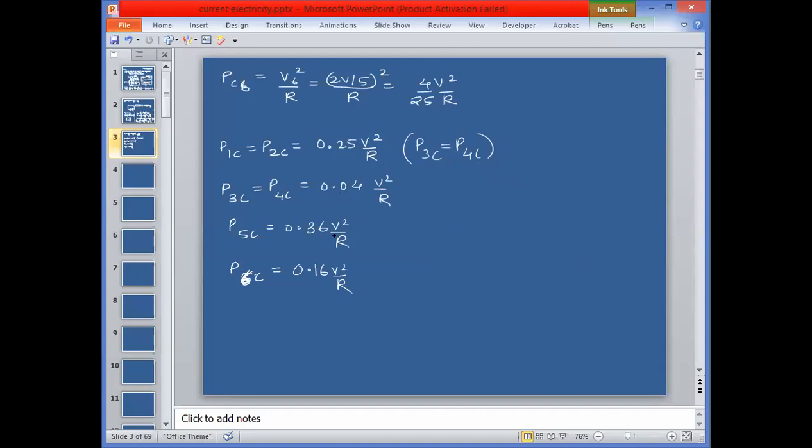Higher to it, 0.04, 0.16. Power consumed by the sixth. This is done. Then 0.25. So power consumed by the first bulb equals power consumed by the second bulb, and highest is the power consumed by the fifth bulb, 0.36.